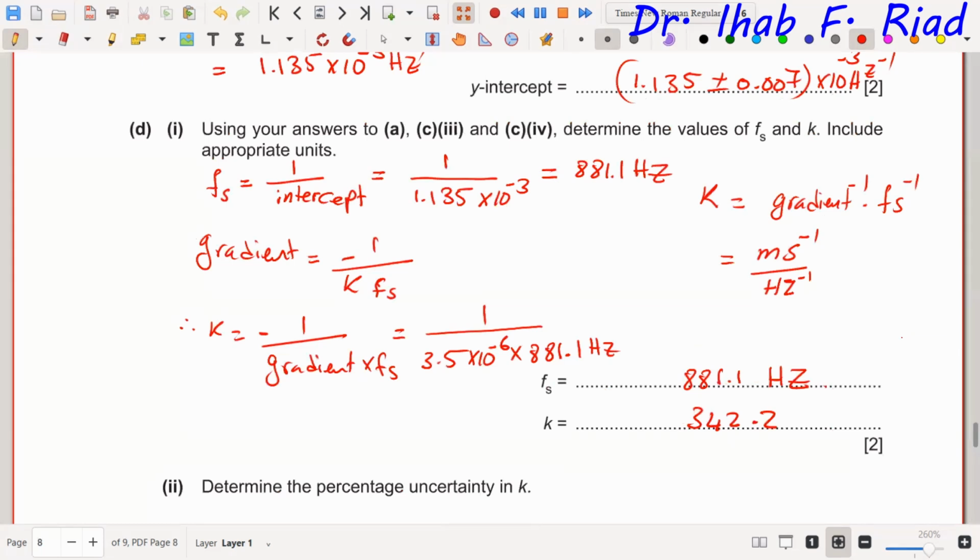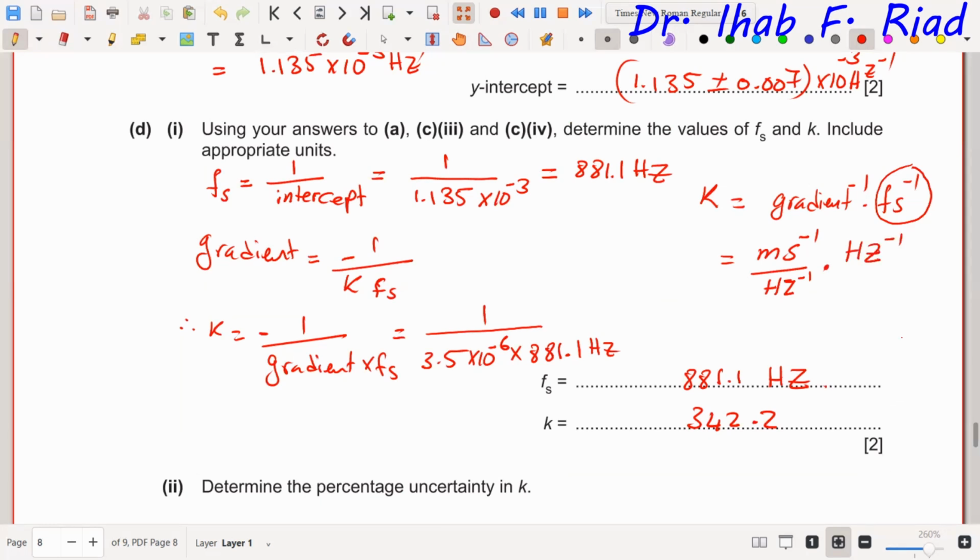Yeah. We inverse the whole thing. Okay. Times, what is the units of Fs minus 1? Fs in hertz. But what is the inverse of hertz? Hertz minus 1.